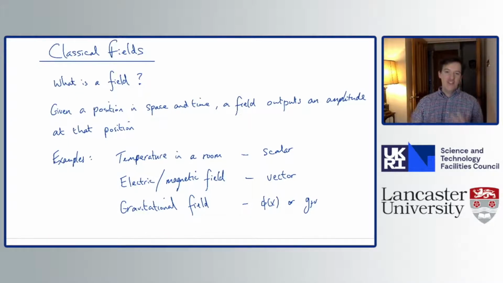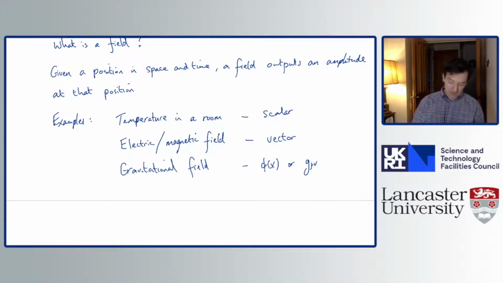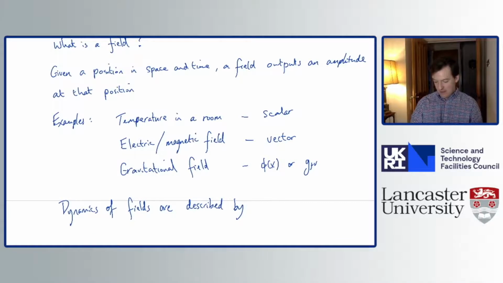So in general, the dynamics of the field, the fact that fields can change, are described by field equations. The field equations are obviously important to understand how things change as functions of space and time.